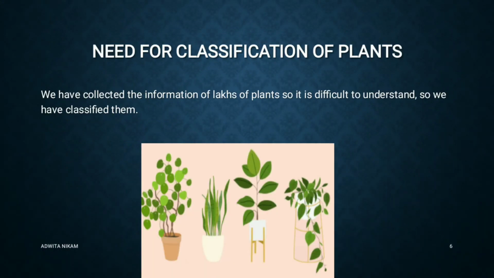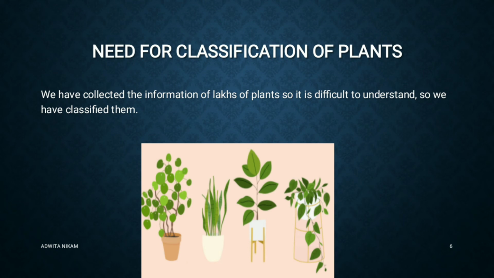Okay, so now we're going to learn the need for classification of plants. Why do we need to classify plants? Up to now, information about lakhs of plants has been collected. While studying diversity in plants, they are classified for the sake of convenience on the basis of similarities and differences in their structure, their organs, and their other characteristics.